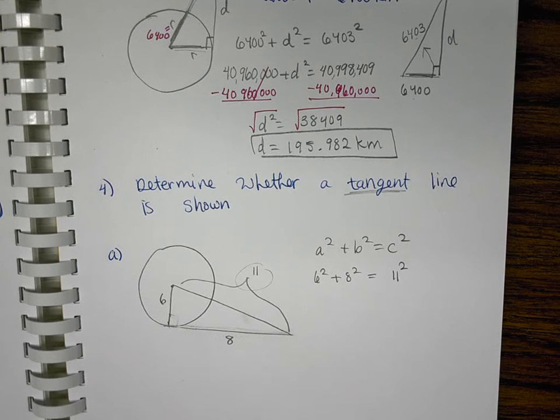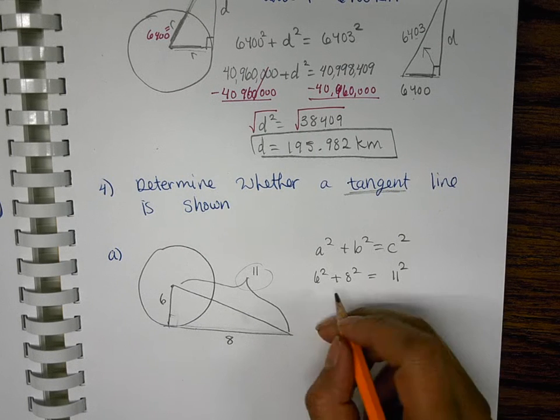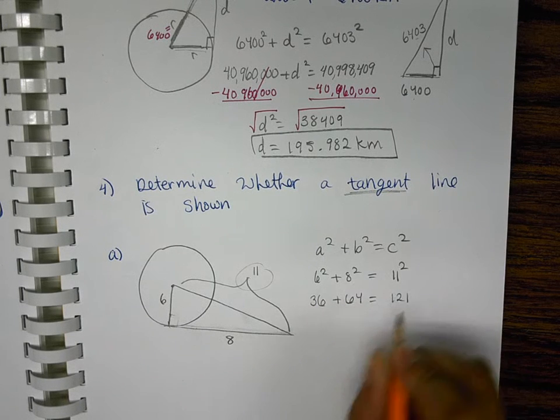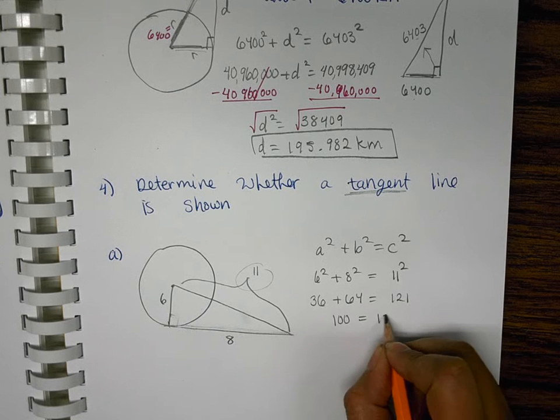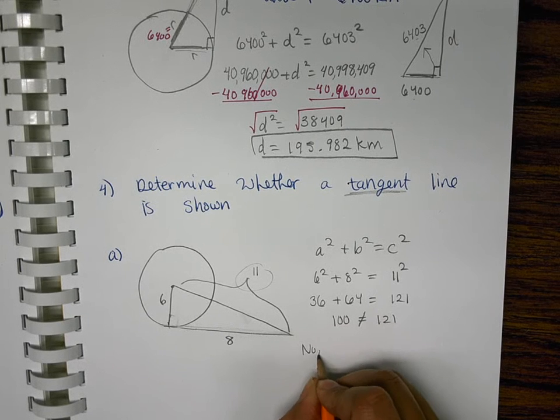Go ahead and work it out. 36 plus 64 equals 121. 36 plus 64 is 100, which does not equal 121. That means no, it is not a tangent line.